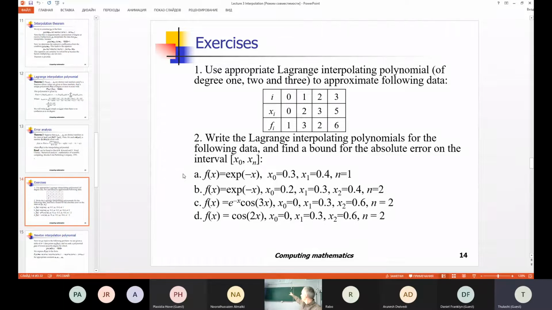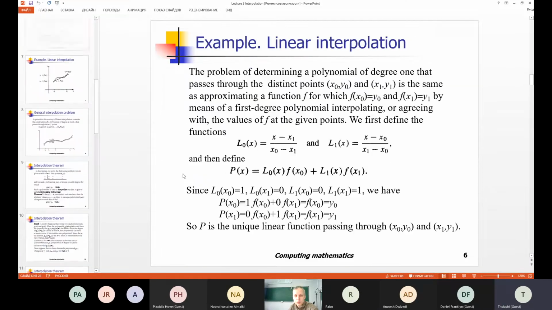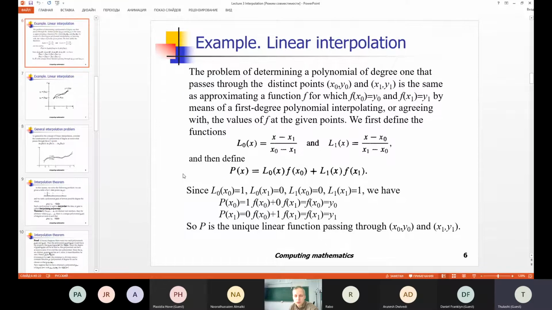Well, you write the data. I can, if you want, I can show you again the formula for the polynomial.